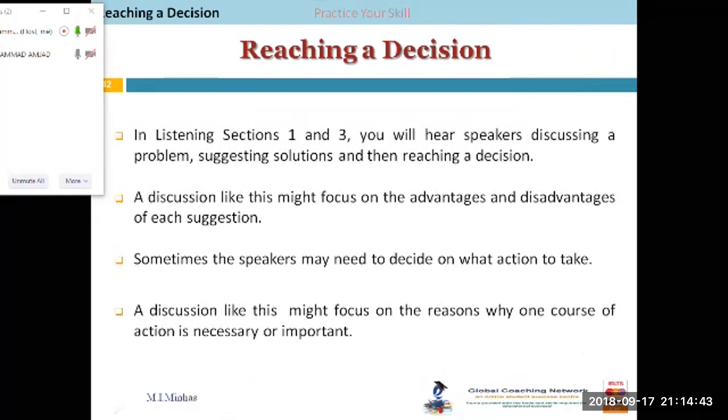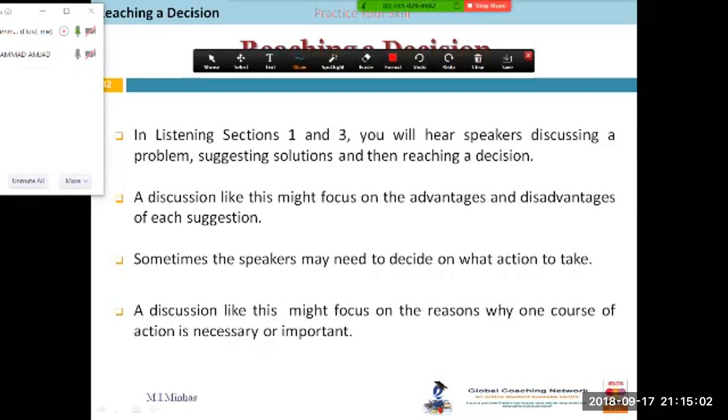Someone asks, I want to travel from this place to this place, which package will suit me? The other person offers 2 or 3 packages, with different prices, with different merits and demerits. After some discussion, finally the customer may reach a decision on which one to avail, either bus or taxi or airplane or whatever.